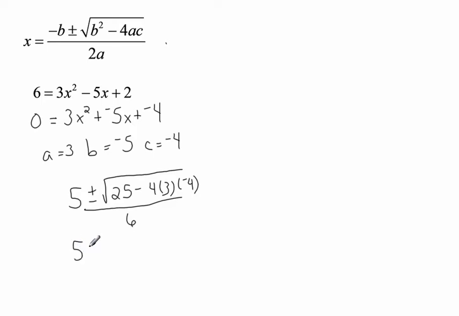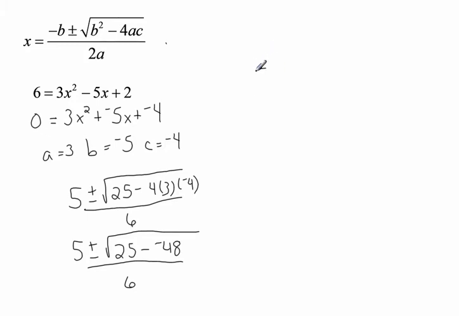So now I've got 5 plus or minus. Underneath the radical, I've got a 25. Subtract, and here I get a negative 16 times 3 is a negative 48. So it's minus negative 48, and that's what you've got to watch out for. Divided by 6.